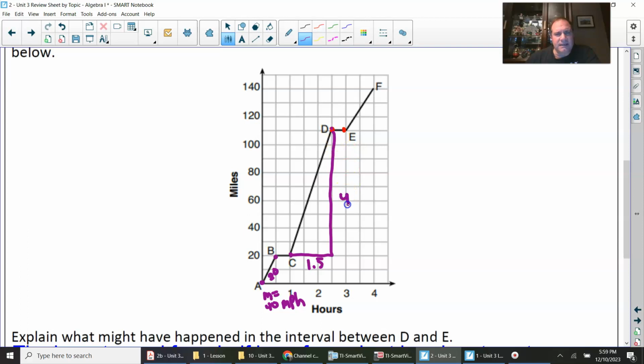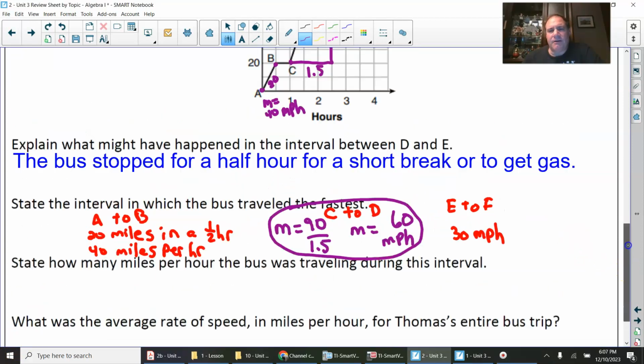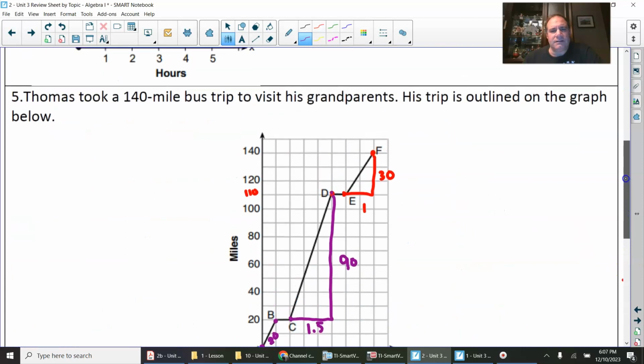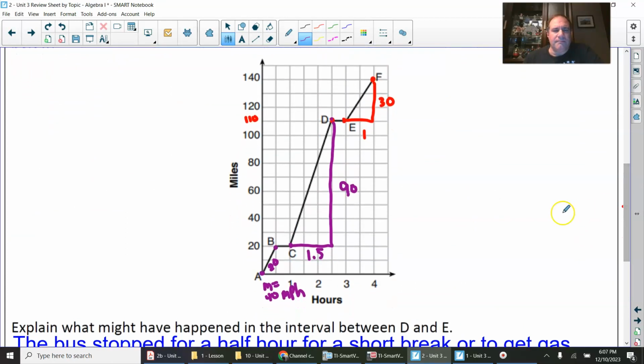So this is 90 divided by 1.5. So I figured out that C to D is 60 miles per hour. And if you could really just take a look at C to D, it is the steepest line. So obviously, that's the fastest rate.